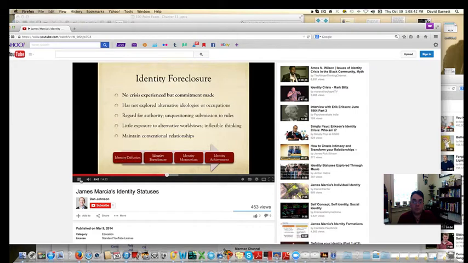The next status is identity foreclosure. Those in this status are committed but have not experienced identity crisis or exploration. This is a common status for those who are younger in the developmental process. They're functioning without purpose as they haven't explored alternative ideologies or occupations. These individuals show unquestioning allegiance to authority and the same unquestioning submission to rules. Their limited exposure to alternative worldviews also results in inflexible thinking. They maintain conventional relationships without stepping outside their zone of comfort and what is familiar to them.